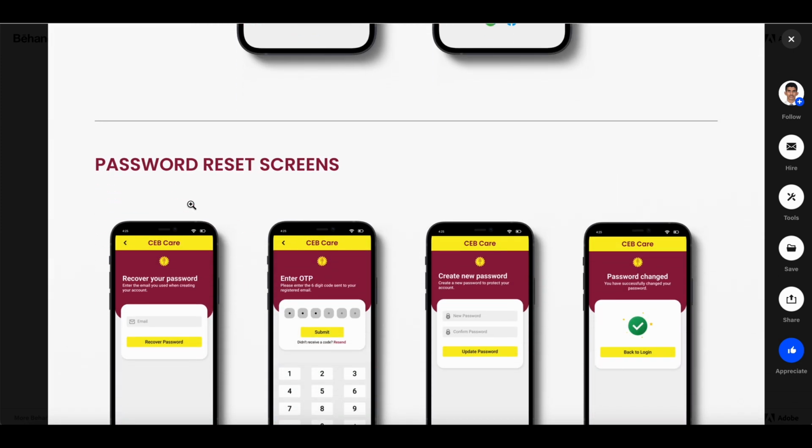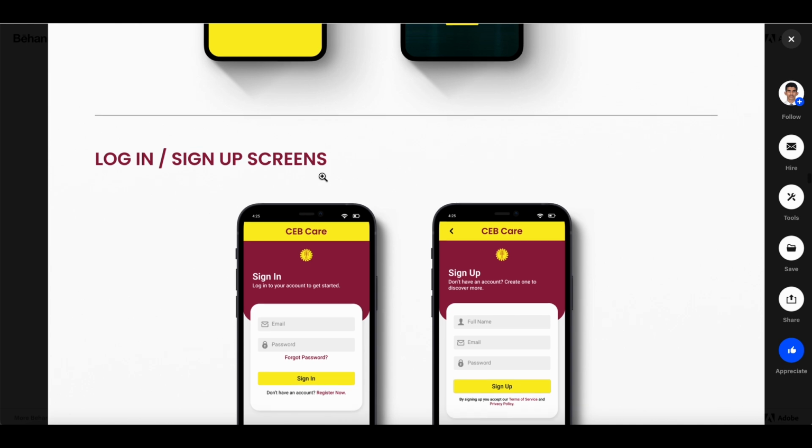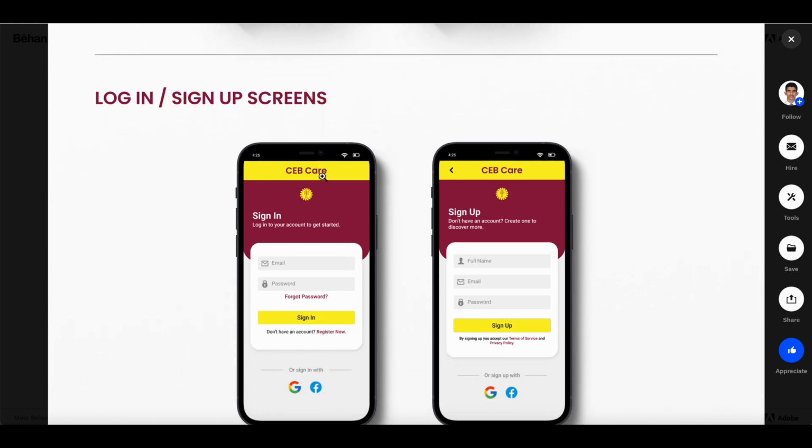One thing, when you're presenting these high fidelity designs, don't start off with these password reset screens and the login, sign up, unless it is really important here, because these things are there in every application, and what viewers need to see is how you have tackled the main problems that you have identified earlier.